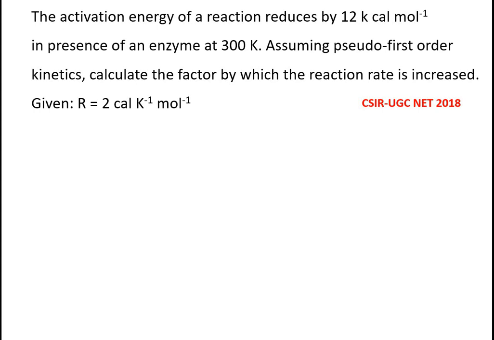Fine. The next question, this time it is about the third option as I was talking about. The activation energy reduces by 12 kilocalorie in the presence of an enzyme. Assuming pseudo-first order kinetics, calculate the factor by which the reaction rate is increased.